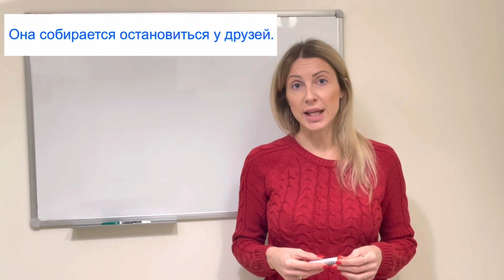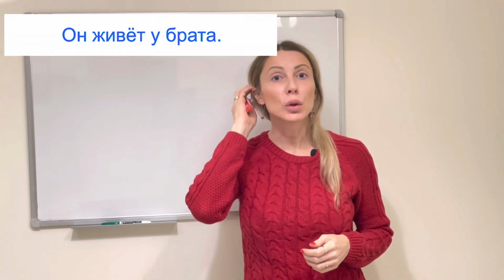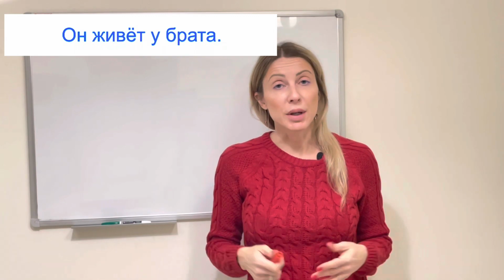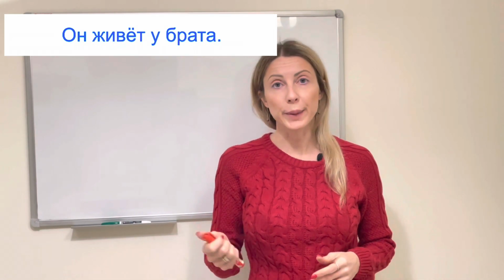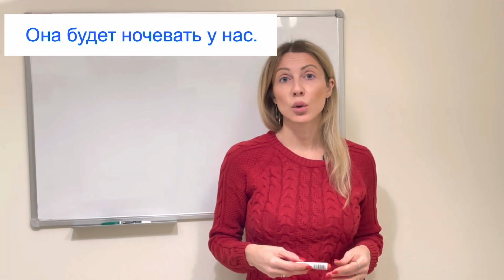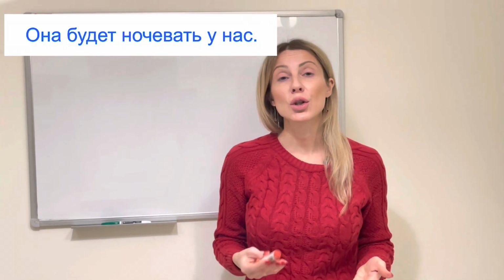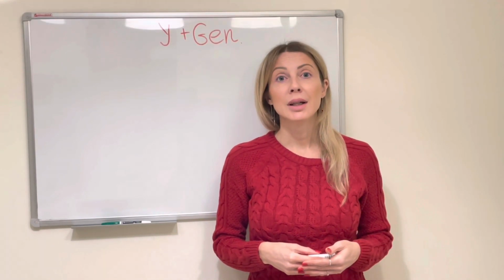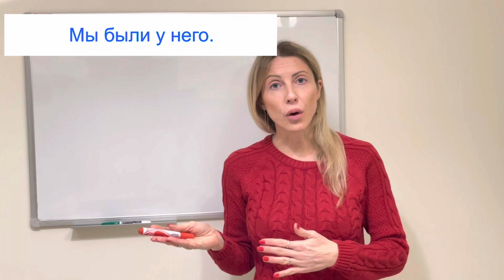У друзей. Он живет у брата. He is staying at his brother's house. У брата. Она будет ночевать у нас. У нас. She is going to spend the night at our place. Мы были у него.